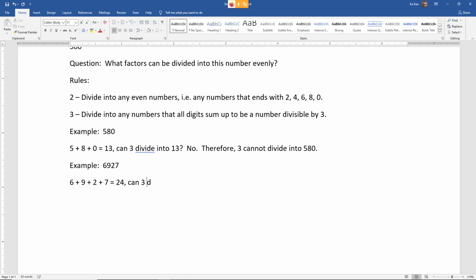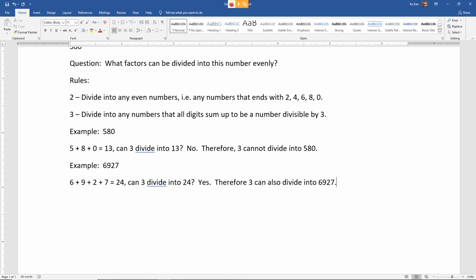Can 3 divide into 24? Yes. Therefore, 3 can also divide into 6,927. You can try using the calculator. So basically, add up all the digits. If that number can be divided by 3, then you're good to go.